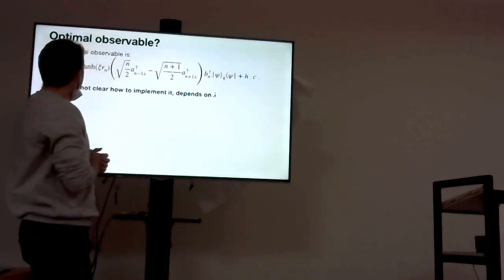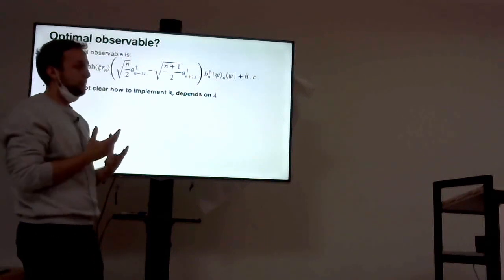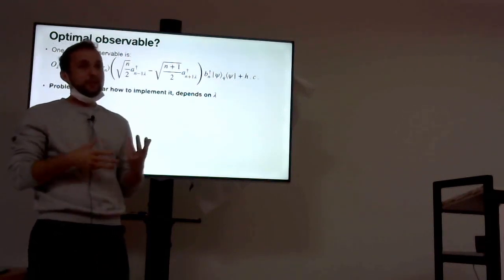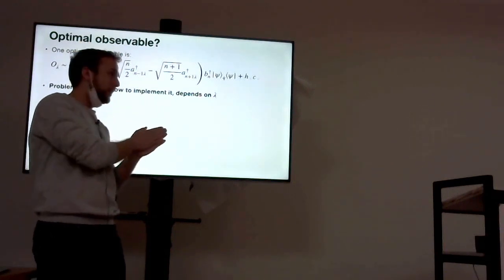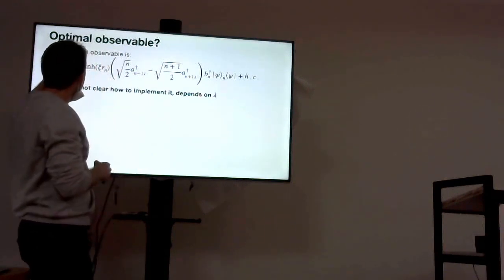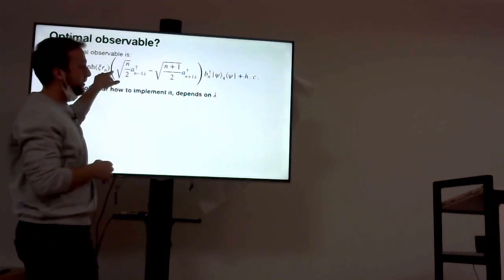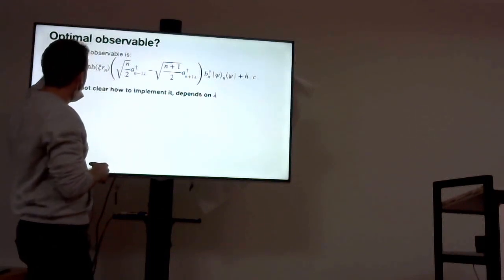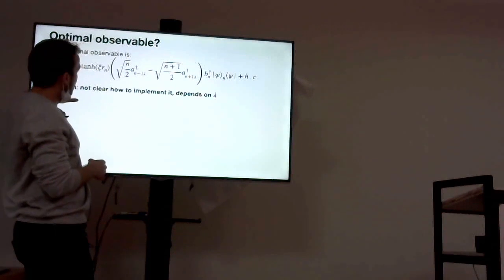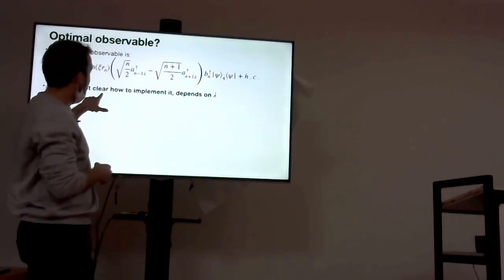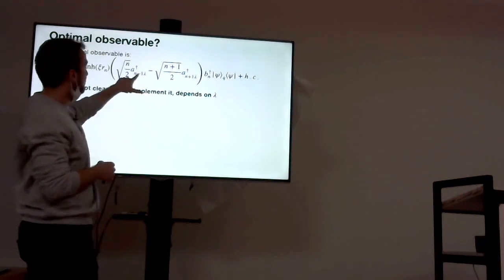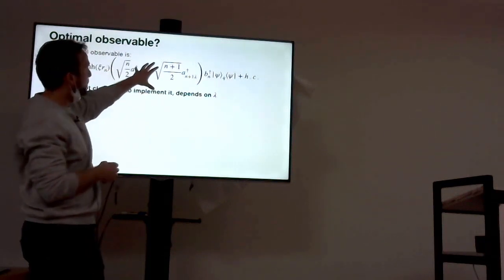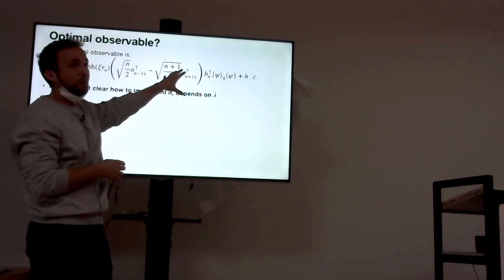So there's one optimal observable which is given by this formalism of quantum estimation theory, and we can easily calculate this optimal observable. But the problem with this one is that we don't really know, or at least I don't know, how one could measure this thing in a laboratory.